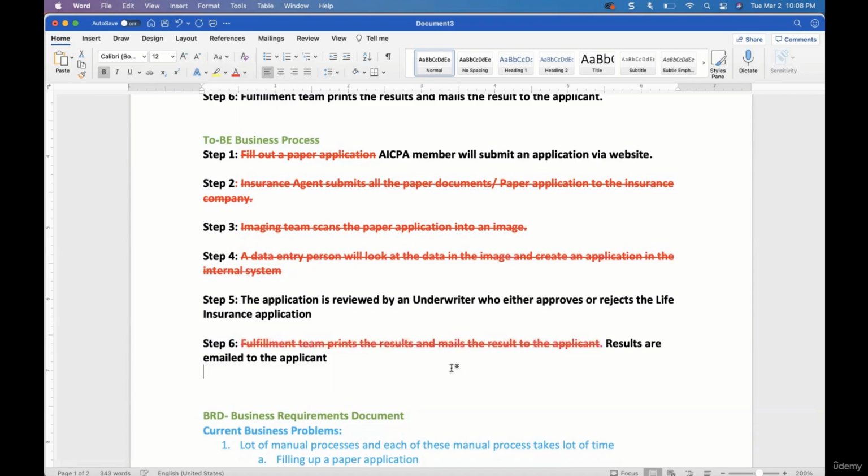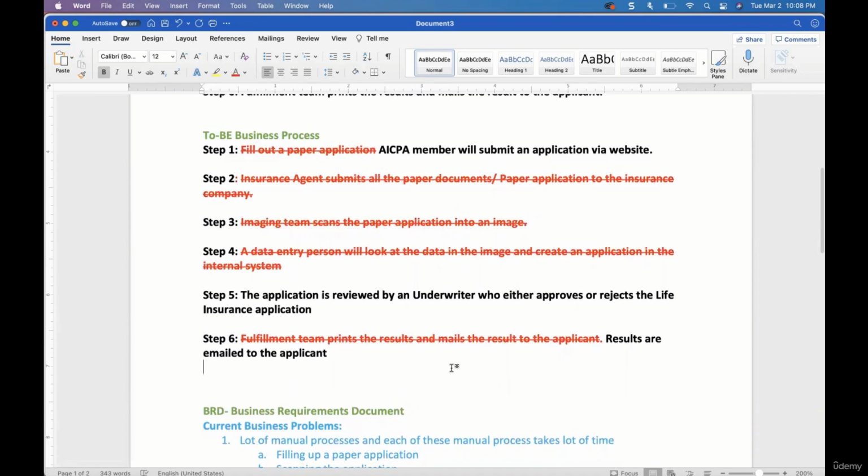So what are we saving in terms of money as a result of this new process, or as a result of this project? Employee cost, I guess. Exactly. We are completely eliminating the imaging team. When we eliminate them, we're eliminating scanners and everything, and that's a huge cost.